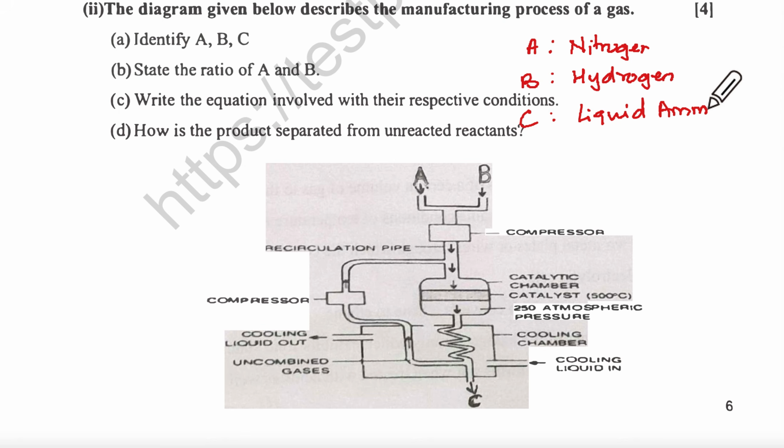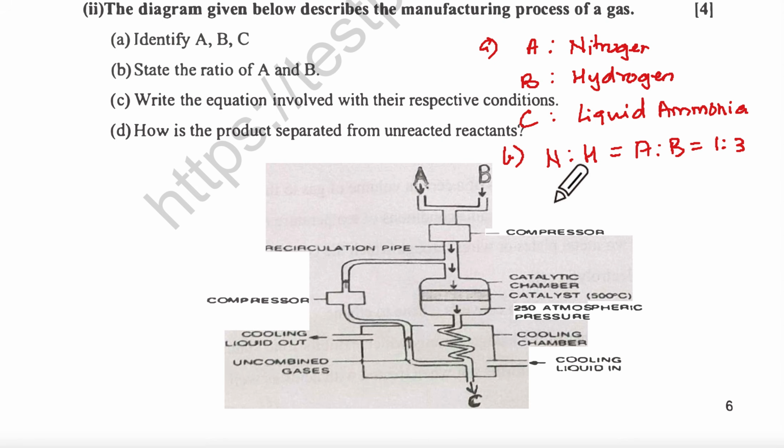Now, if you write nitrogen first, normally A comes before B and we write N2 plus H2. We don't write H2 plus N2, no? So I think that will work. What is the ratio of A to B? Is it 1:3? Yes, ma'am. Which is 1:3, correct?